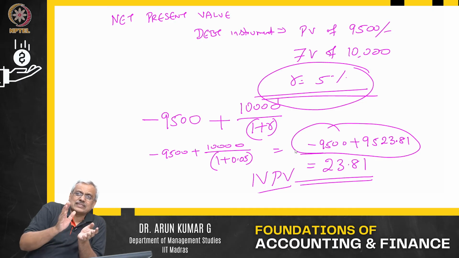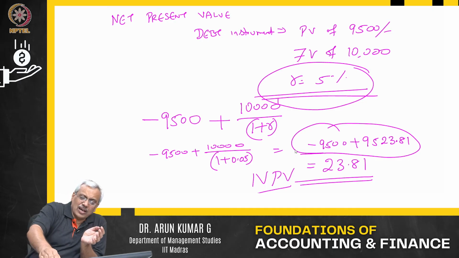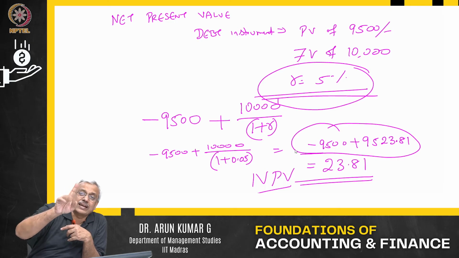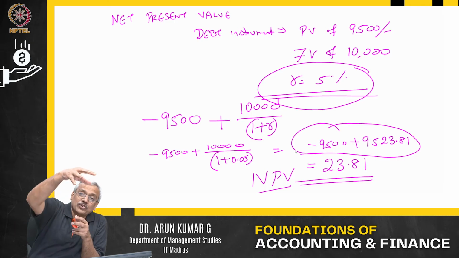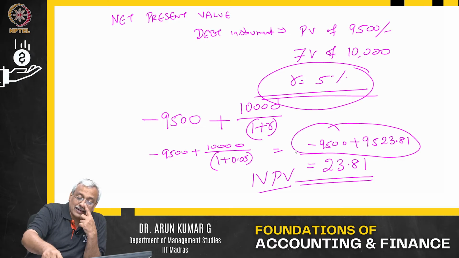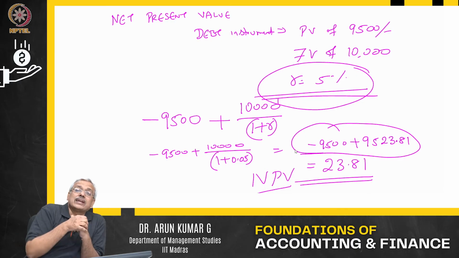If NPV is positive, the $10,000 or 10,000 rupees that you are going to get 1 year later, given my expected rate of return is 5%, is worth about 9,523.81.